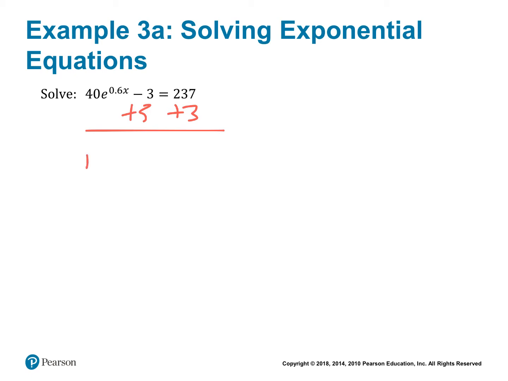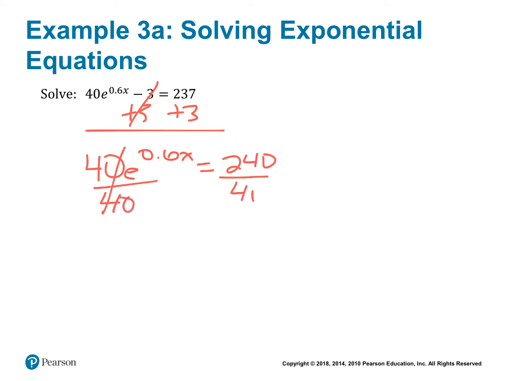We're left with 40 e to the 0.6x equals 240. And then we can divide by 40 to get e to the 0.6x equals 6.